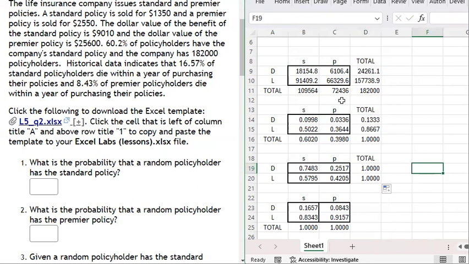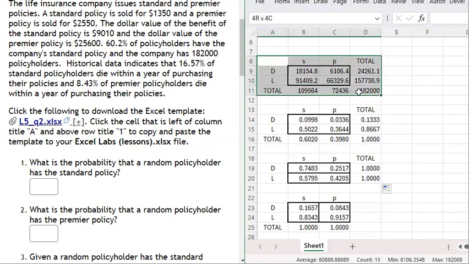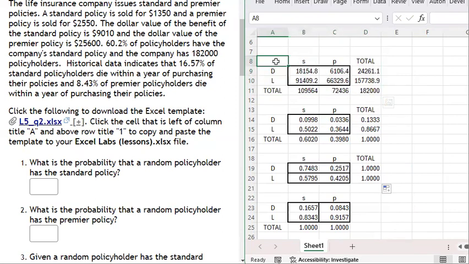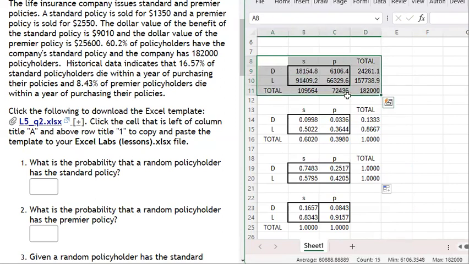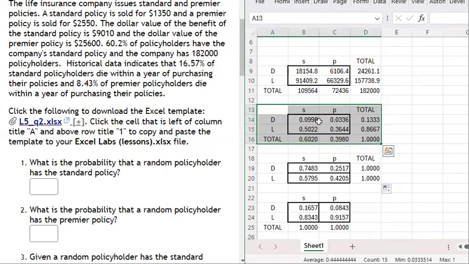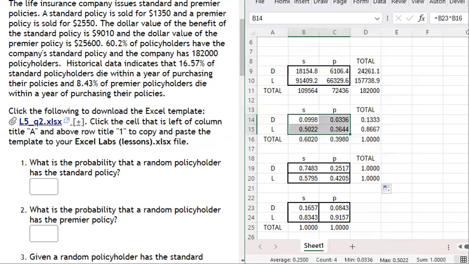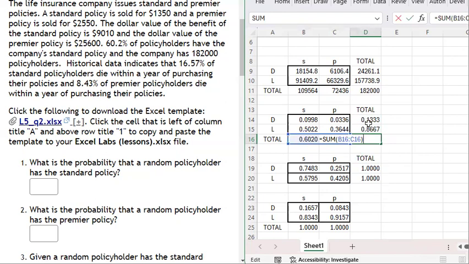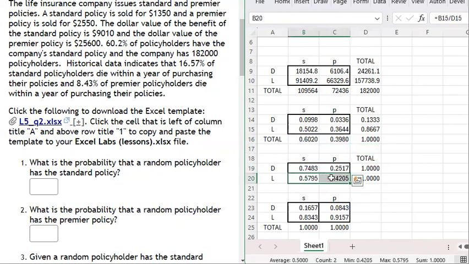Okay, so I got the frequency table. Well, you call it the observed/expected frequency table. I got the joint probability table where these 4 add up to 1. These 3 add up to 1. These 2 add up to 1, right? So this could be the sum of these 2, the sum of those 2, or the sum of those 4, right? And then I got these 2 summing to 1, these 2 summing to 1, and these 2 summing to 1.